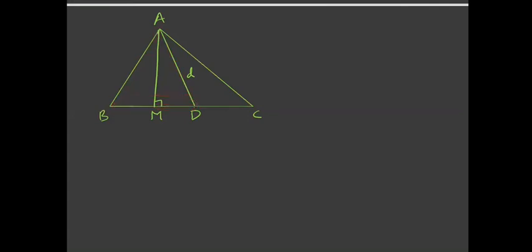Fine. So AB square, which is nothing but C square, is AD square, which is D square plus BD square. BD is equal to M, right? So first let us write it in terms of AB. AB square is AD square plus BD square minus 2 times DM times DB.